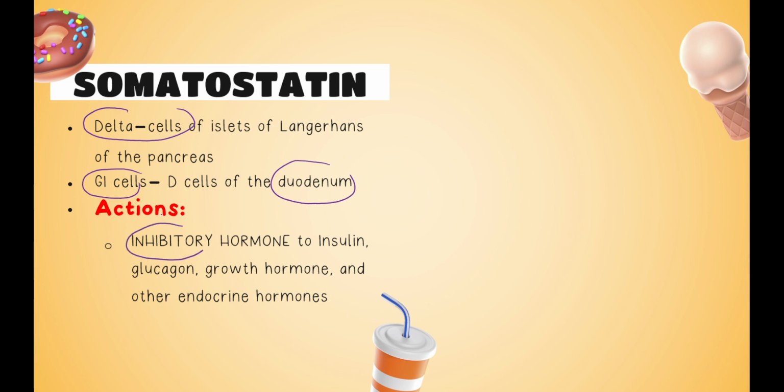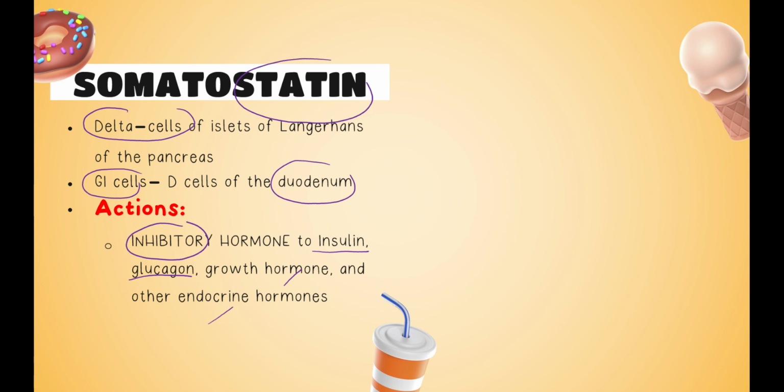It is an inhibitory hormone, from the word statin, referring to inhibition na siya. It is an inhibitory hormone. Ano yung i-inhibit niya? Si insulin and glucagon. Other than insulin and glucagon, it will also inhibit your growth hormone and other endocrine hormones pa.